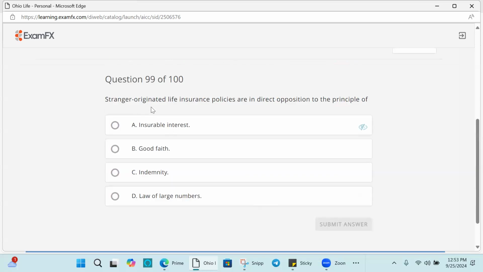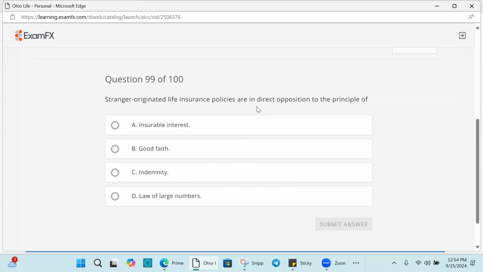Stranger originated life insurance policies are in direct opposition to the principle of... Oh my God. So what do I have to have to be able to insure somebody on a life insurance policy? Insurable interest. A stranger in life insurance is somebody in whom I do not have an insurable interest.